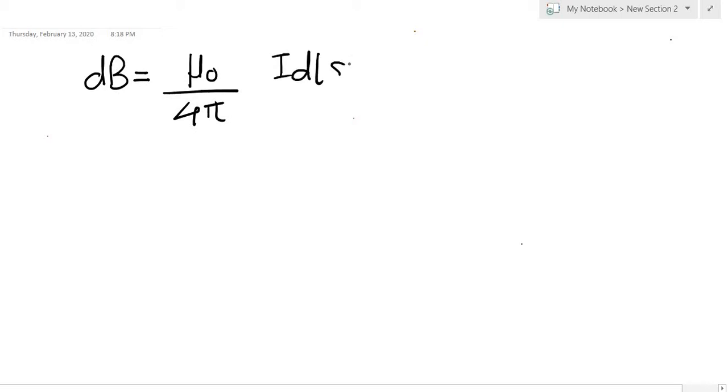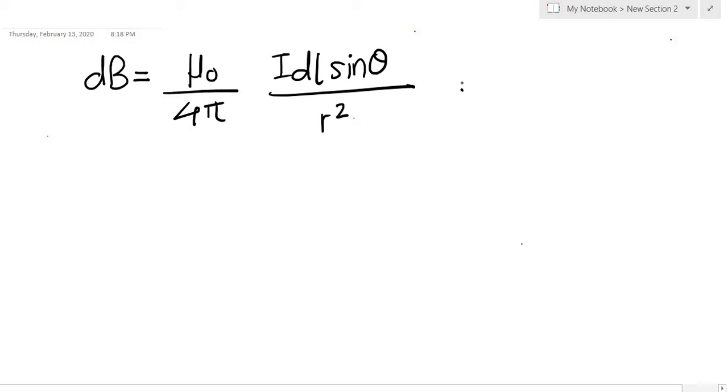So like electrostatics, there is a general formula for a magnetic field this time instead of force directly, which is mu naught by 4 pi times I dl sine theta per r squared.